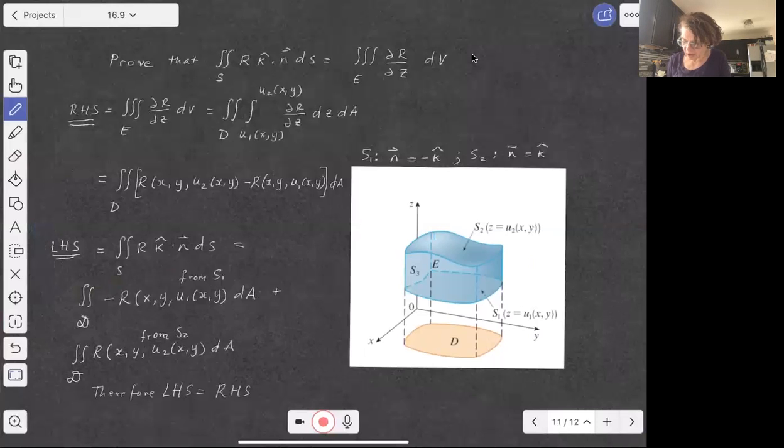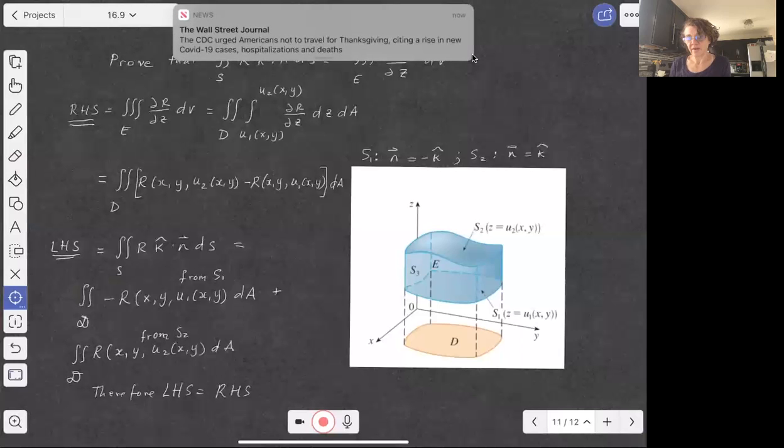So we proved that this surface integral is equal to this volume integral, and the other two equalities are done in a similar fashion. So that proves the divergence theorem, at least for the cases where E is a simple region.